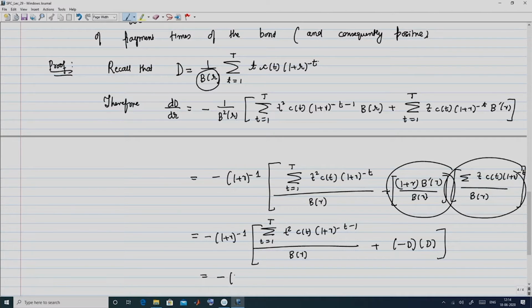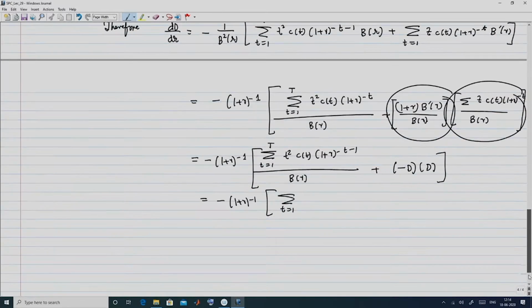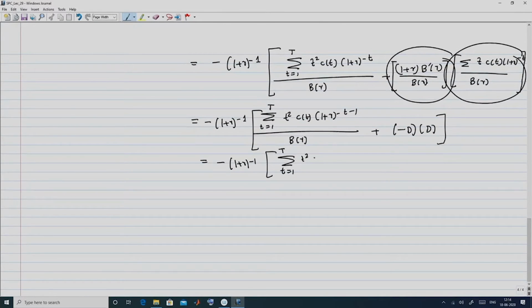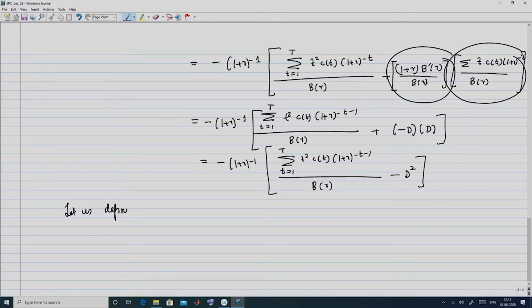So, we get minus of 1 plus r raised to minus 1 within bracket summation t is equal to 1 to capital T, t square c of t into 1 plus r raised to minus t minus 1 over B of r minus D square. So, let us define w d of t to be c of t into 1 plus r raised to minus t over B of r.